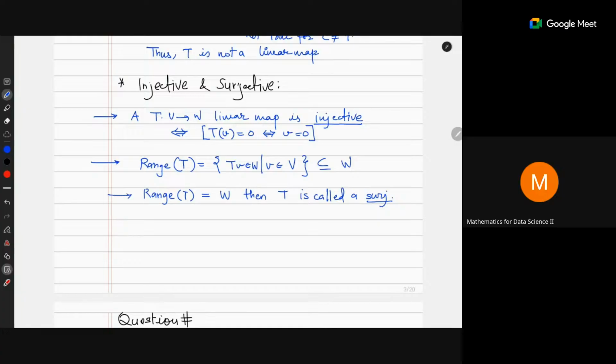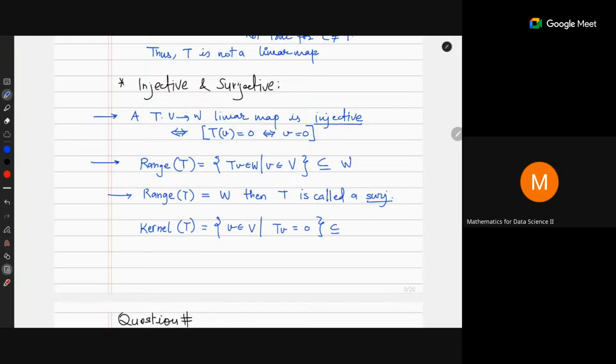Now let me define what is called the kernel of T. So kernel of T is the set of all vectors V in V such that T(V) is equal to 0. So it is in some sense the null space of T. Kernel is also equivalent to the null space. So clearly it is a subspace.